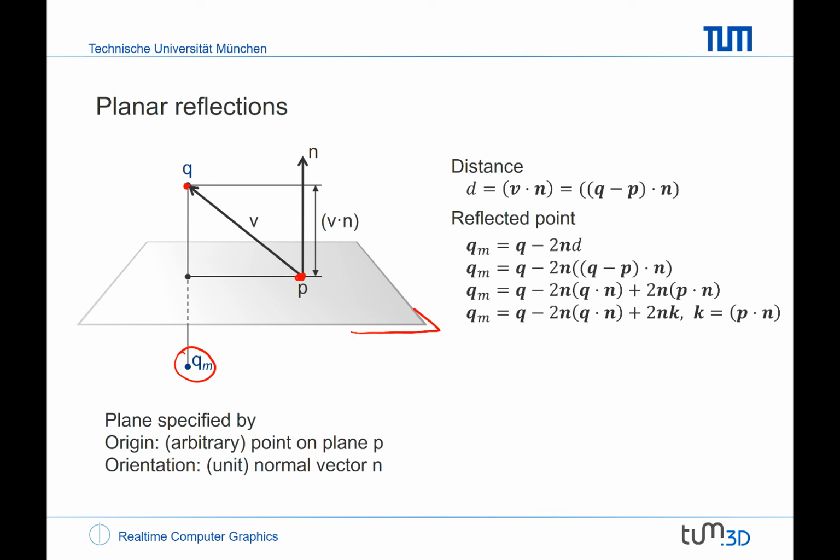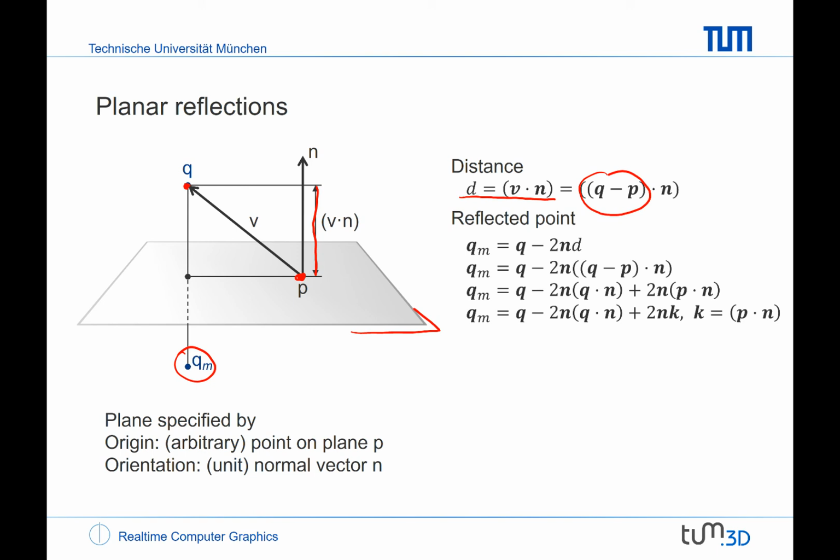First of all, we compute d, the distance of the point Q to the mirror plane, which is just the scalar product between v and n. This can be computed by taking the difference between Q and P, and then computing the scalar product with the normal of that plane, which of course we also have.